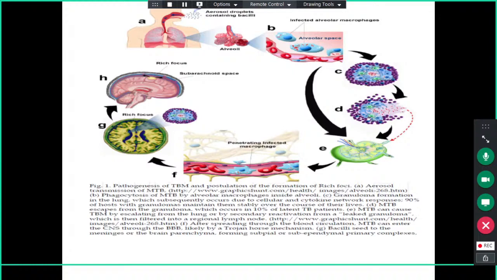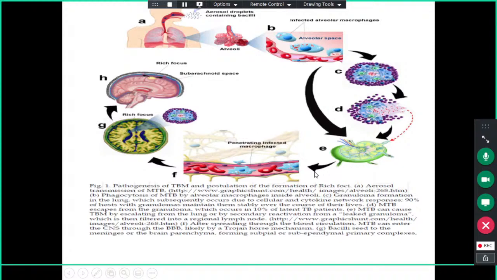So what happens when a person gets tuberculosis infection? They take it from aerosol droplets, then it goes to the lung and enters the alveolar space. They can form a granuloma, but when there is immunosuppression, the bacteria come out from the granuloma and enter nearby lymph nodes, multiple cervical lymph nodes, other lymph nodes, or mediastinal.